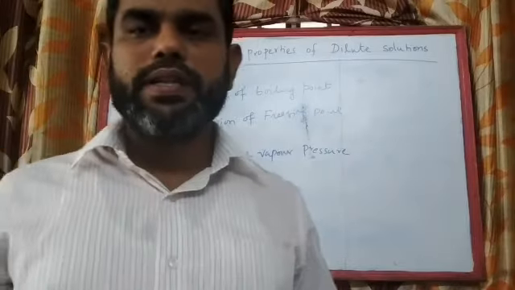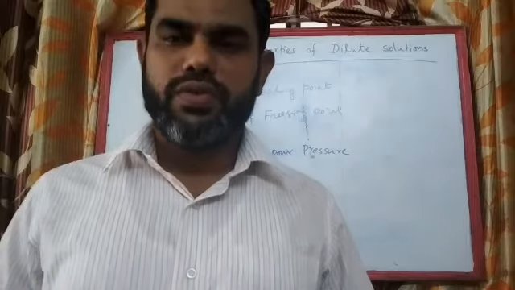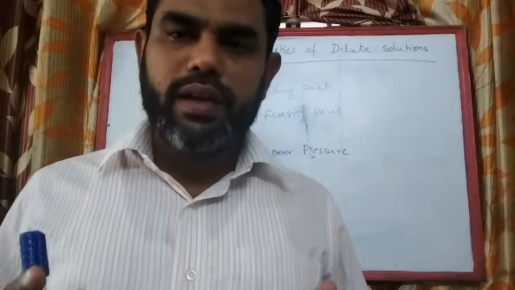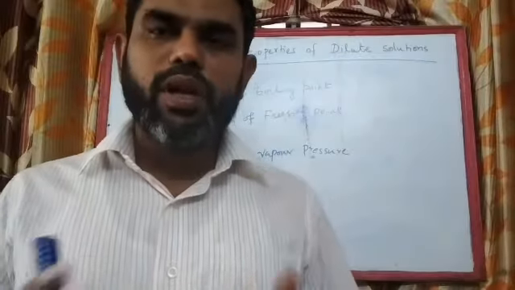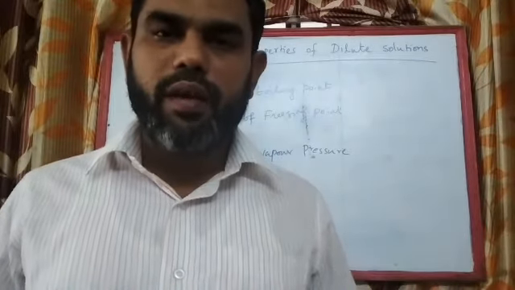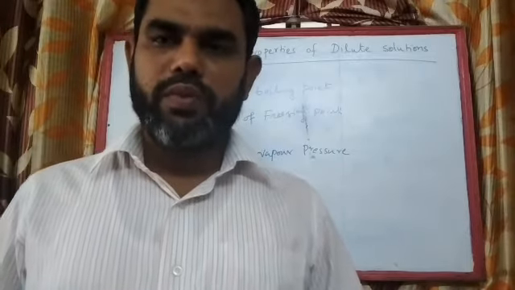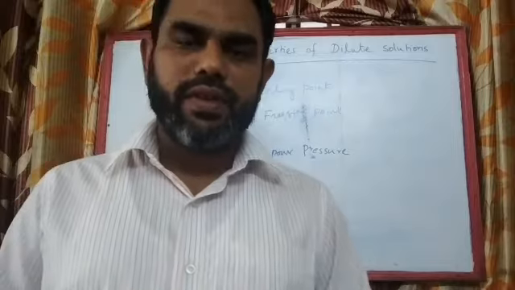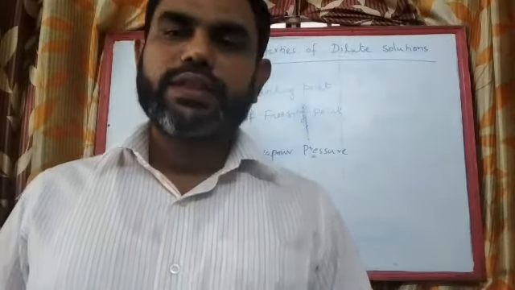So these properties depend only on the number of moles of solute, that is the amount of solute, not on the nature of the solute, that is the chemical composition of the solute. Okay, so I hope you are clear with the definition of colligative property.